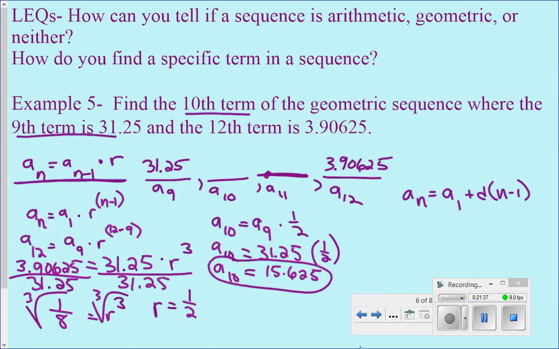Same thing if I had the 9th term and the 12th term, I could put a12 here, a9 here, d times 12 minus 9, and I could solve for d. So you can also adjust the explicit arithmetic formula in the same fashion that we adjusted the explicit geometric formula. It doesn't necessarily have to always start at the first term. If you have information further down the sequence, you can use that information and substitute in here. It basically is just pushing the sequence further down the line and starting it there, but the pattern still remains the same.